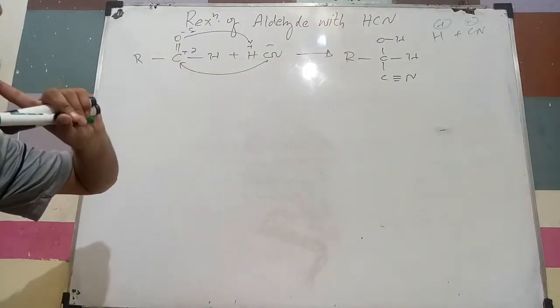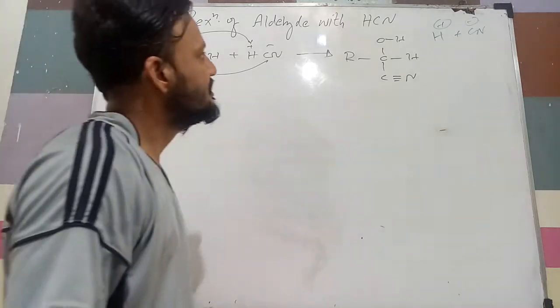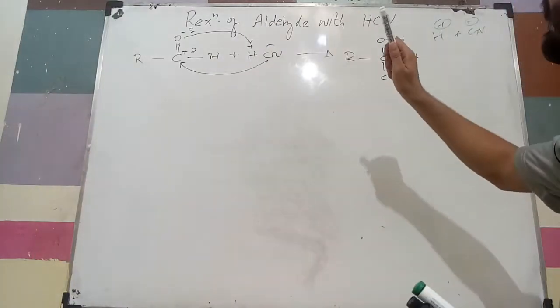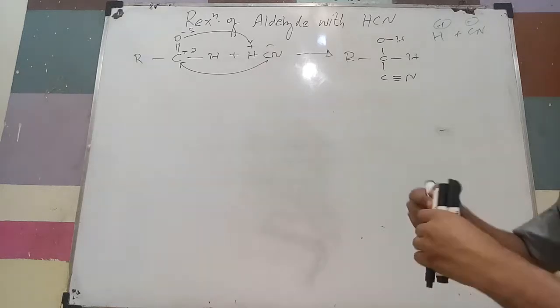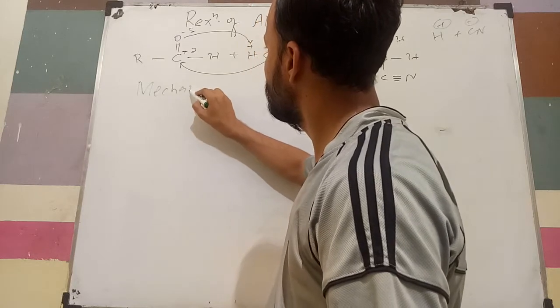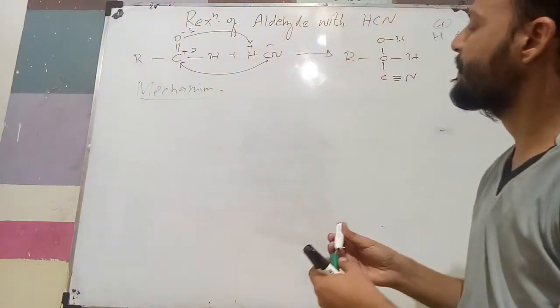This reaction has certain steps in the form of a mechanism. Now we will discuss the mechanism of addition of HCN to aldehydes or ketones. How it works? Let's explain with the mechanism.